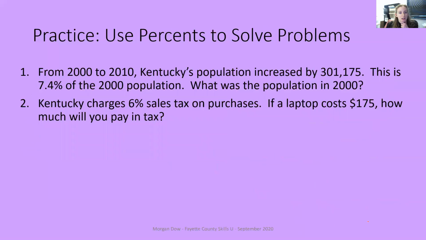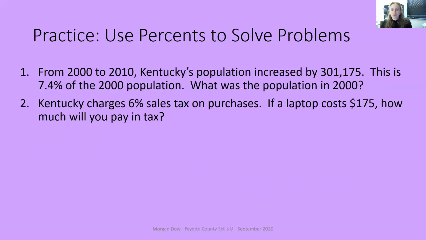All right, so now let's wrap up the percent talk here with just a couple extra practice problems. Number 1: from 2000 to 2010, Kentucky's population increased by 301,175. This is 7.4% of the 2000 population.